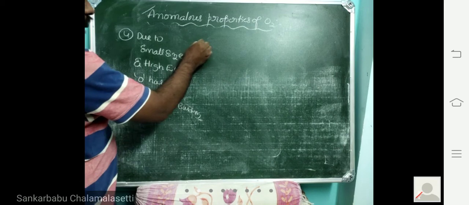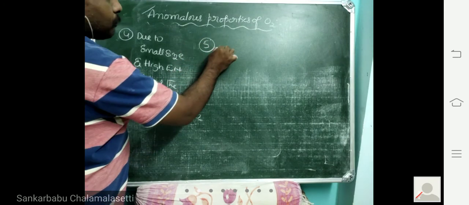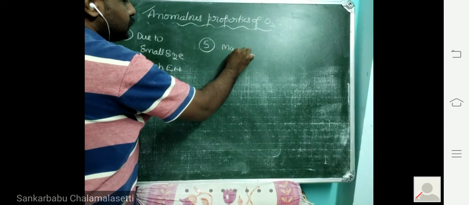The next anomalous property shown by oxygen is maximum covalency.